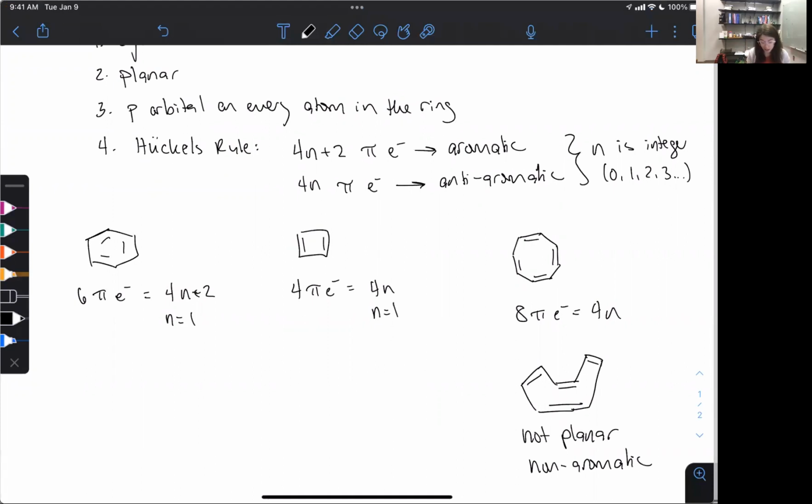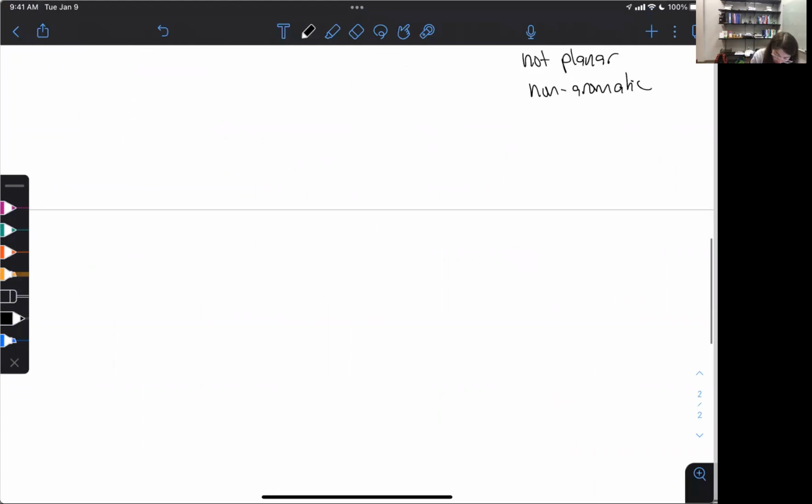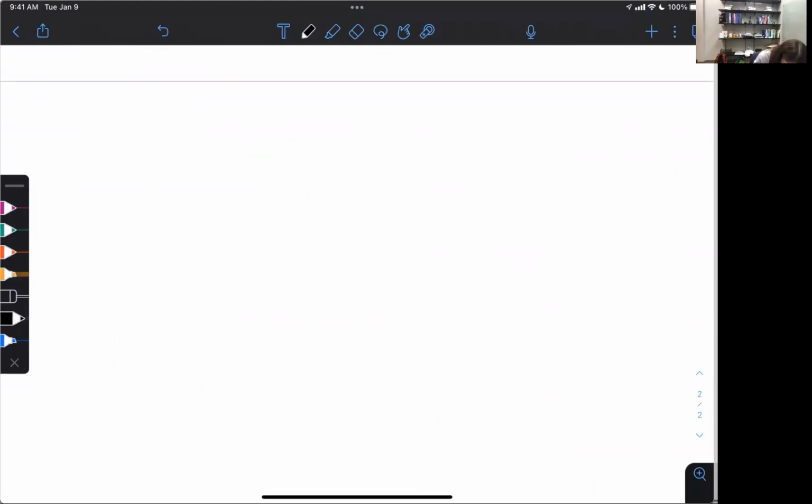So after talking about that last example, one of the really key points that we want to keep in mind when we're thinking about aromaticity is that molecules are going to adopt the lowest energy form. Okay, so we need to always have that in mind as we're trying to assign whether something is aromatic or anti-aromatic or non-aromatic.